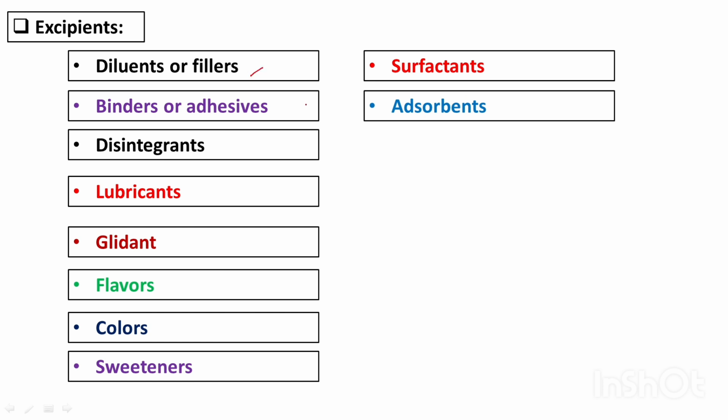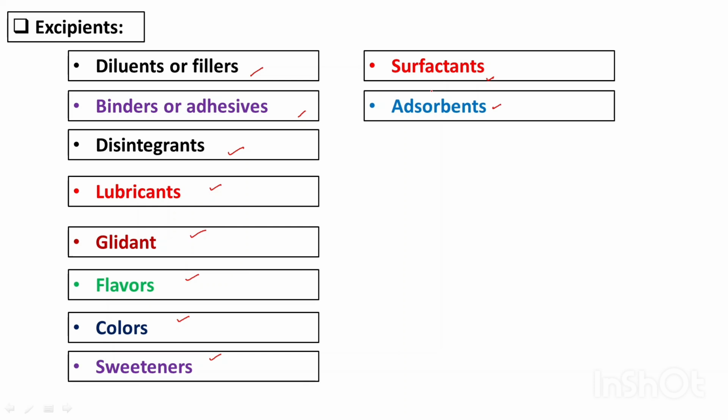Then binders, adhesives, disintegrants, lubricants, glidants, flavors, colors, sweeteners, surfactants, and adjuvants. These are some excipients which we will use for manufacturing of tablet dosage form.